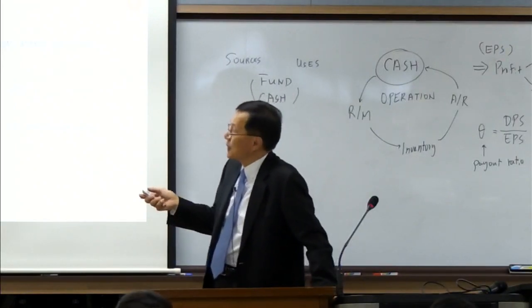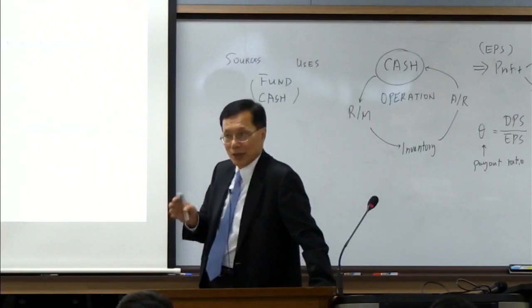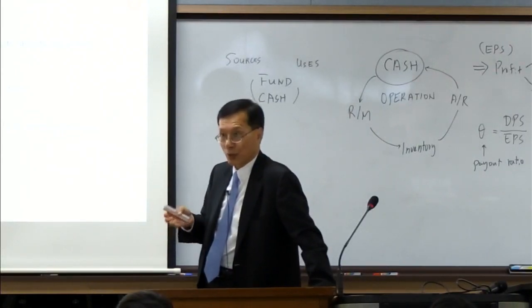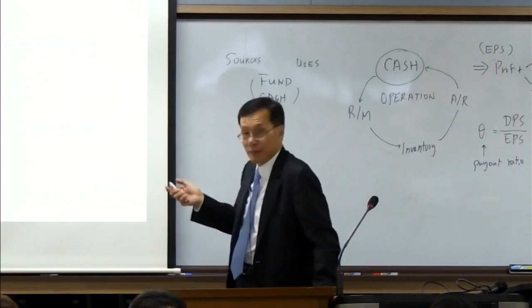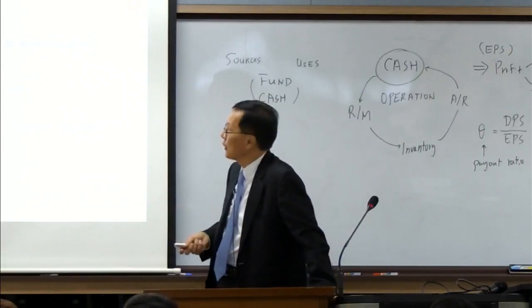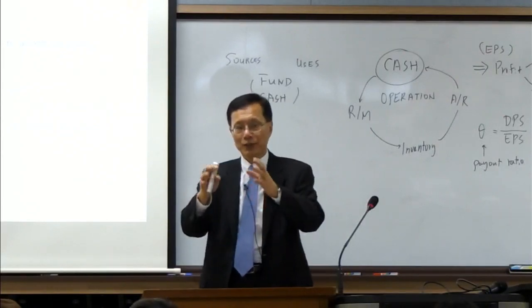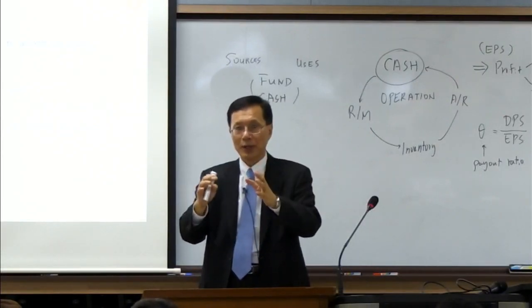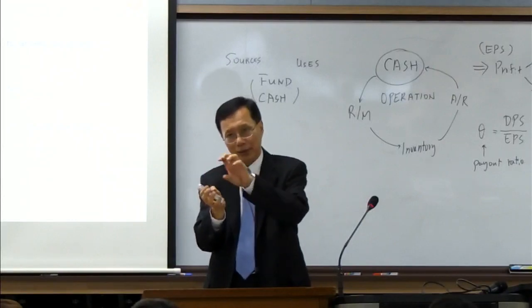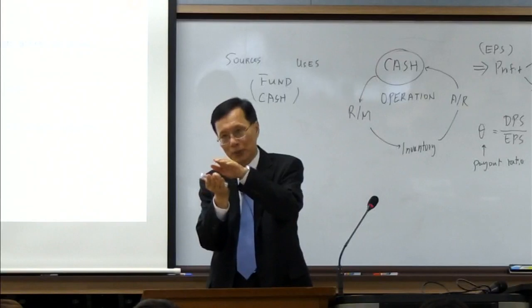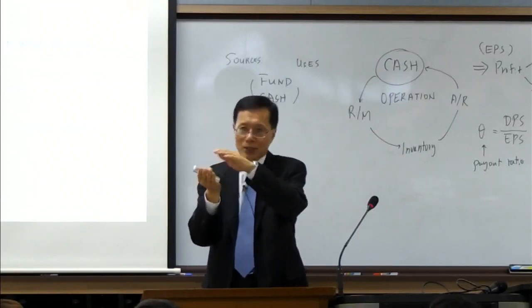Therefore, a decrease in an asset account is equivalent to an addition of cash or funds to the firm. Inventory, likewise. And net fixed assets. The company has fixed assets. If fixed assets have come down, that decrease is equivalent to the company's cash inflow.